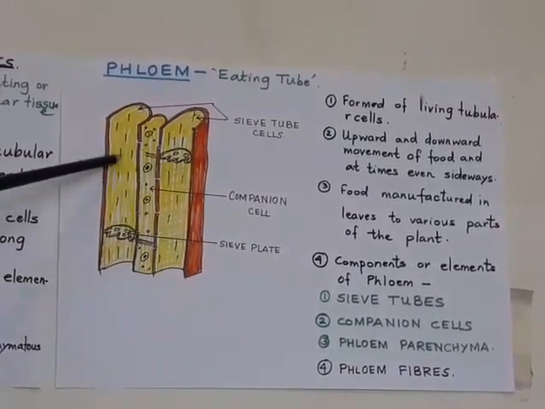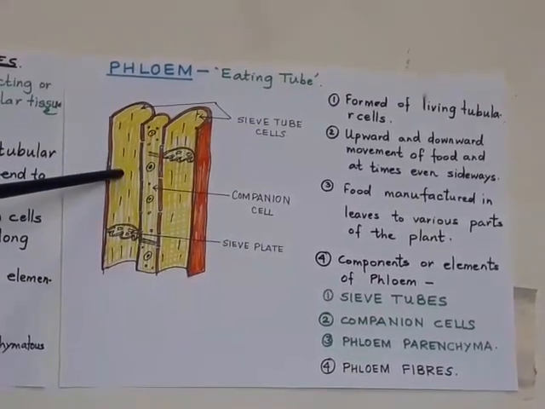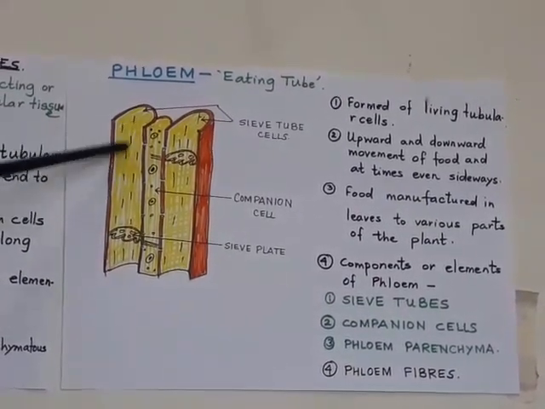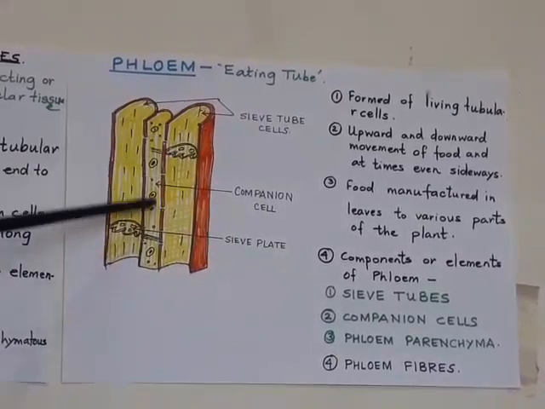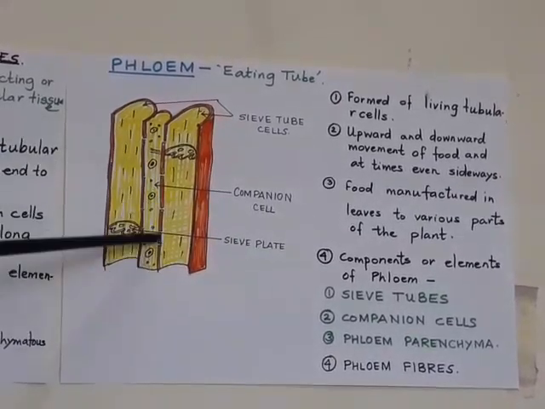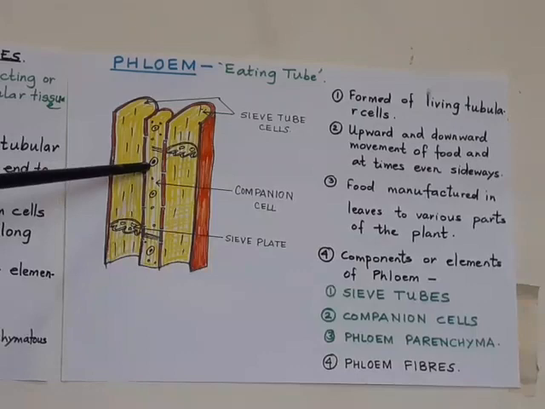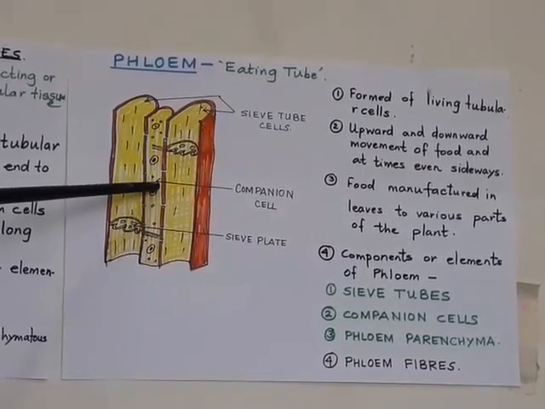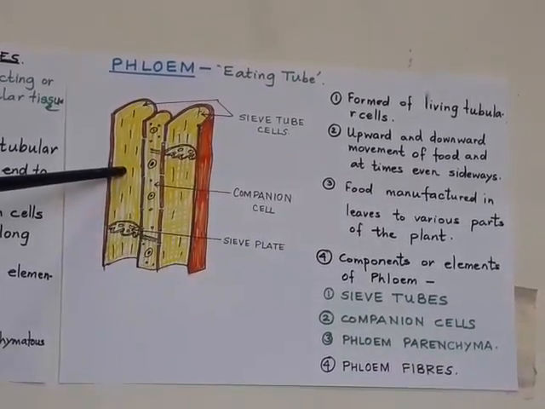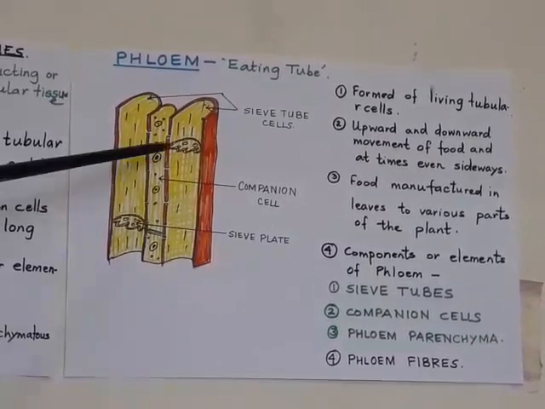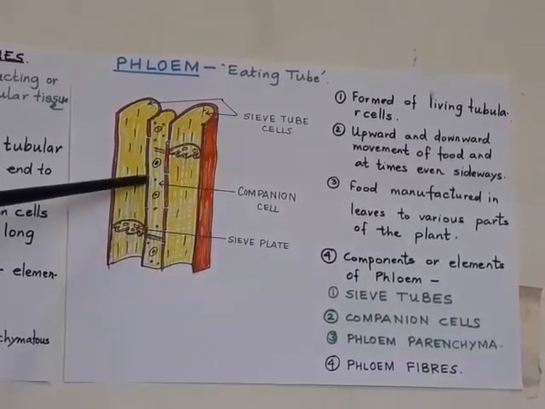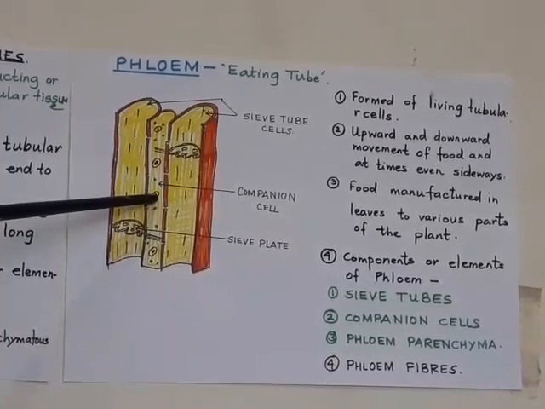You can see these are the two sieve tube cells, and along with the sieve tube there is another cell which is known as the companion cell. As the name suggests, this helps the sieve tubes in transportation of food, and therefore it is known as a companion. Who is a companion? A friend is a companion.